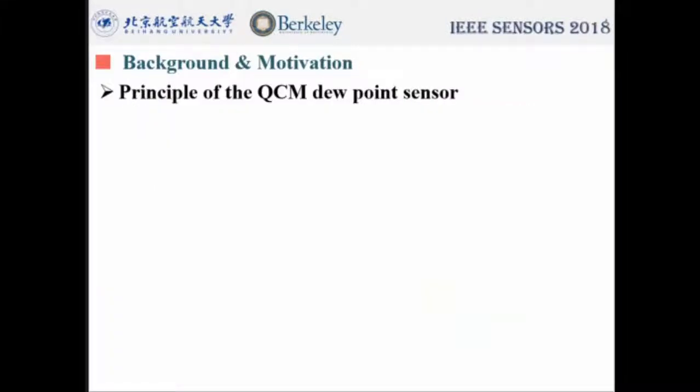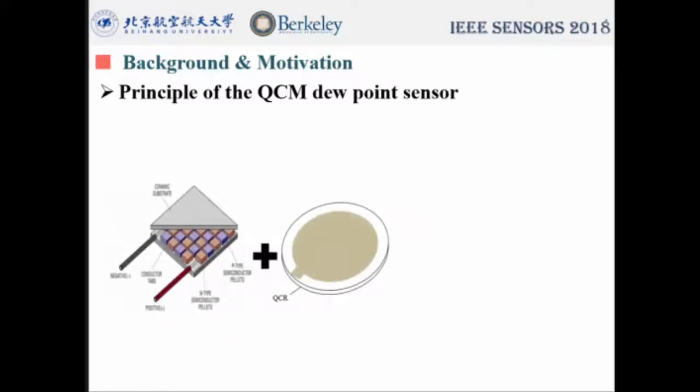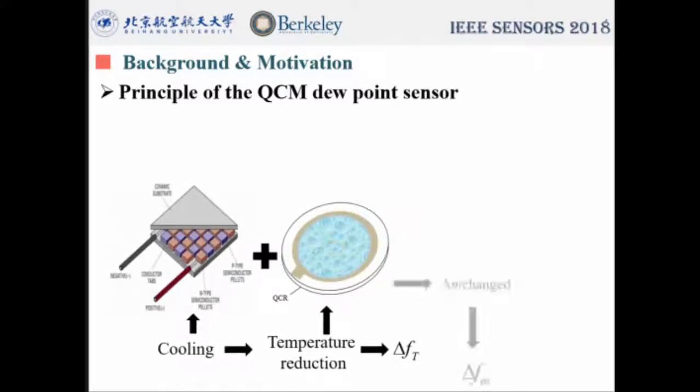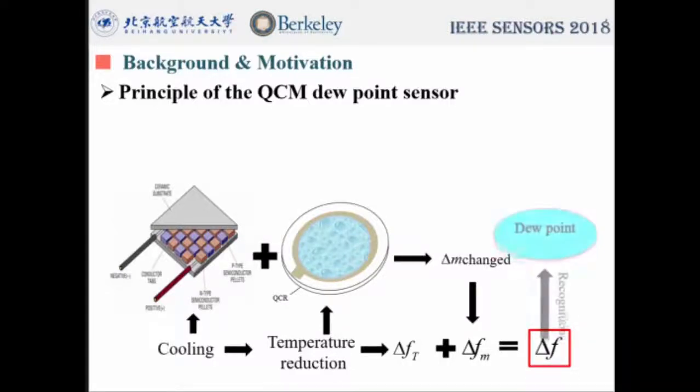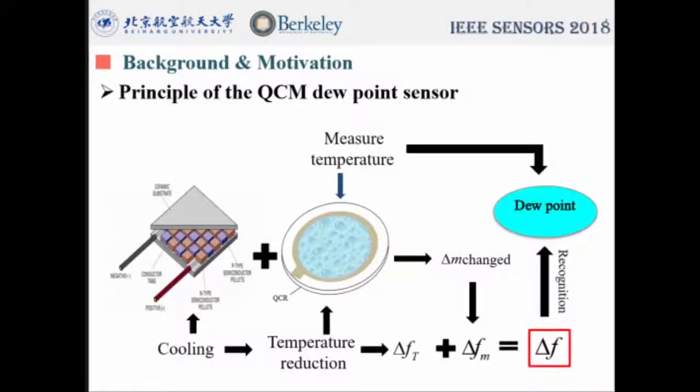When the QCM is used for dew-point measurement, the QCM is cooled to the dew-point temperature. In the process, the decreased temperature will introduce a frequency shift Δft, and the condensation will introduce a frequency shift Δfm. Then we could get the total frequency shift Δf. So by detecting the temperature when Δf occurred, we could get the dew-point temperature.